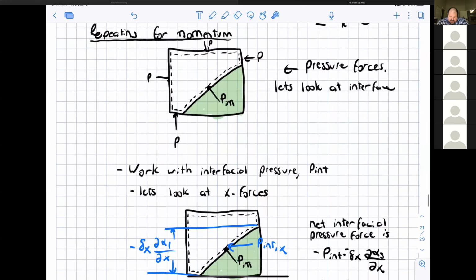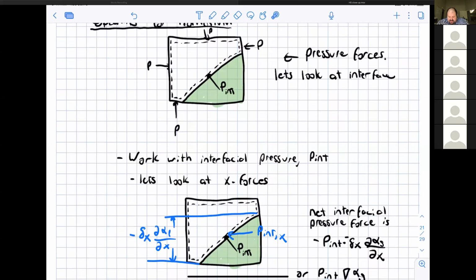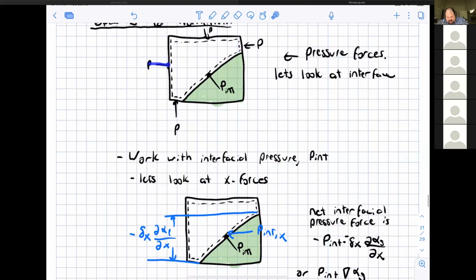Okay, and so now if we just look at the pressure forces in the x direction here, we would have a pressure pushing over here and a pressure pushing over on basically this gas phase portion. But also we have an x direction of pressure over here that is pushing on this portion of the control volume. And so now we need to figure out what that is. And this is hand wavy. It's not the super rigorous way of doing that.